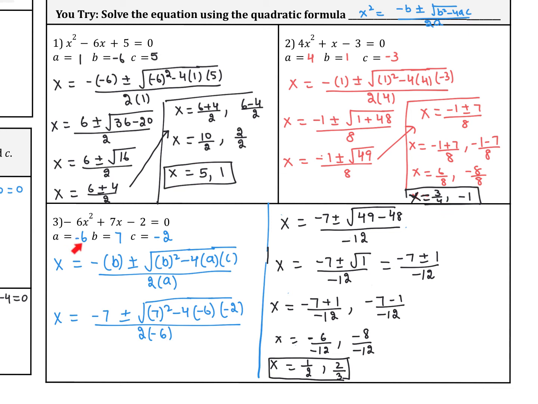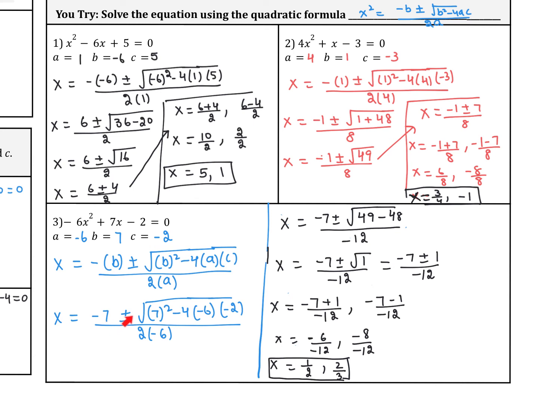For number 3, A is negative 6, B is 7 and C is negative 2. I rewrote the formula with brackets around every letter, where you're going to plug it in. B is 7, A is negative 6 and C is negative 2.